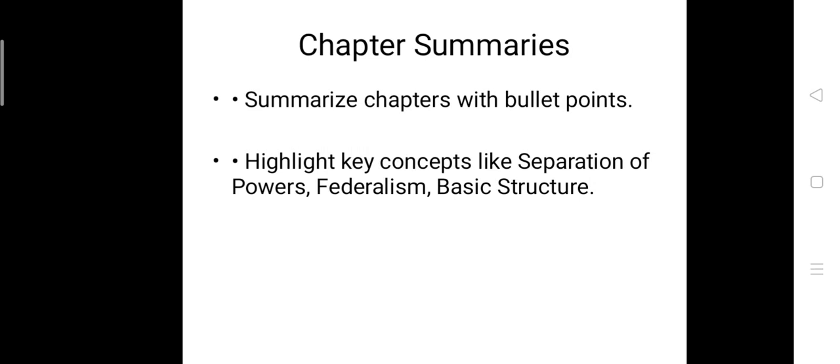In the Kesavananda Bharati case, the Supreme Court held the basic structure doctrine in its judgment. Separation of powers between the central government and the states balances the overall political system, as well as the executive and the judiciary.